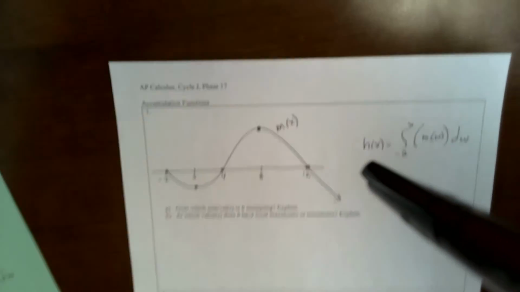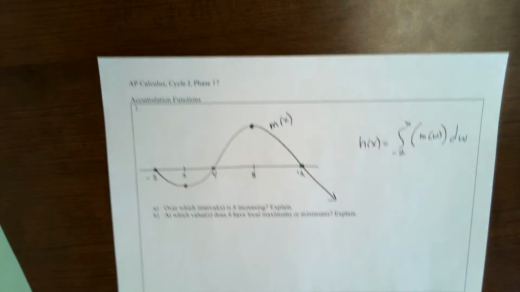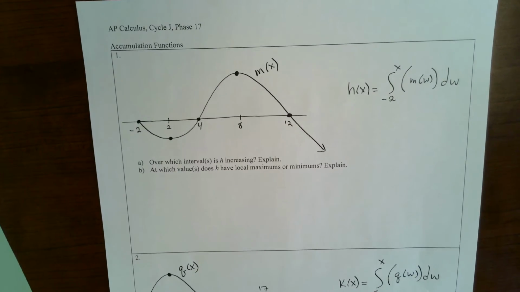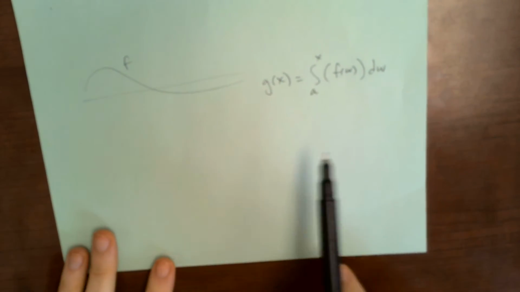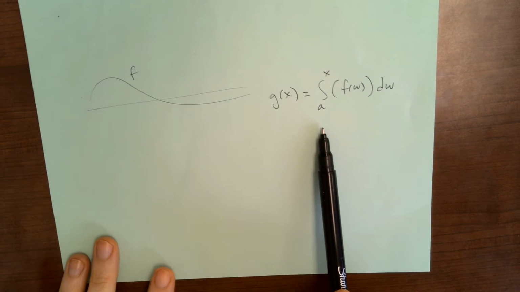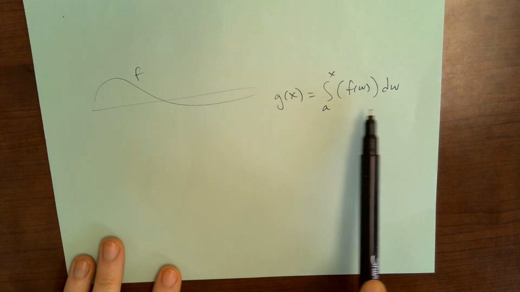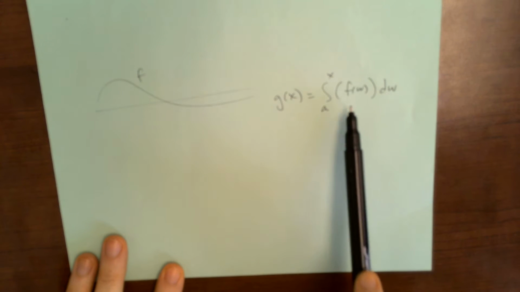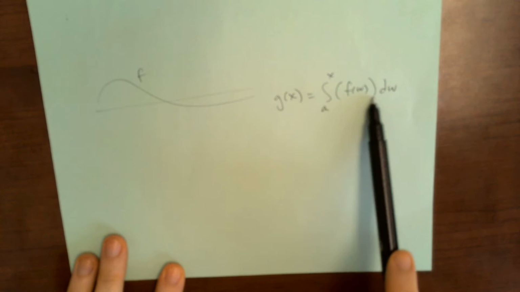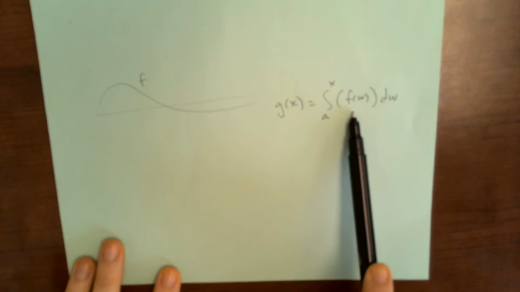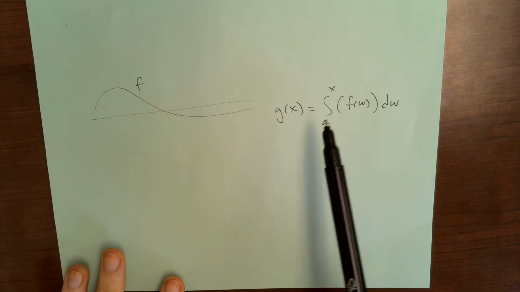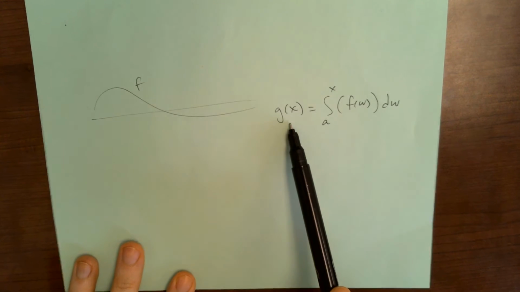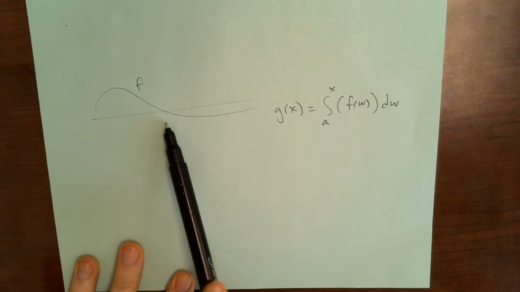Okay, guys, so I'm going to do this video real quick. This is phase 17, and I want to make a little connection here. Yesterday in the lesson, you were taking a look at functions like this, accumulation functions. You were given the graph of the function that's inside of the integral, and you were asked about when g is increasing or decreasing and when f is positive or negative.